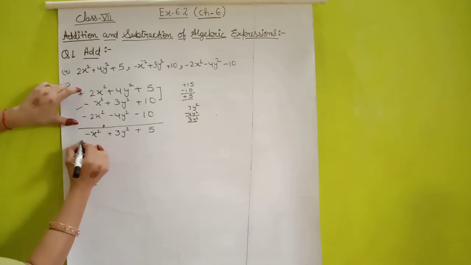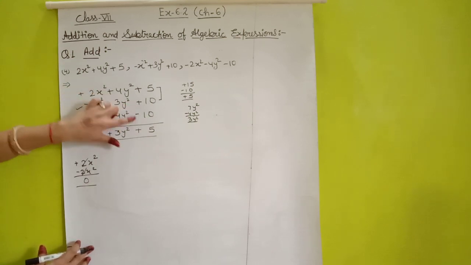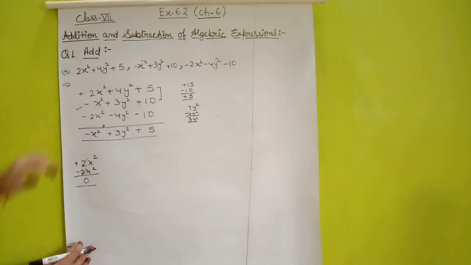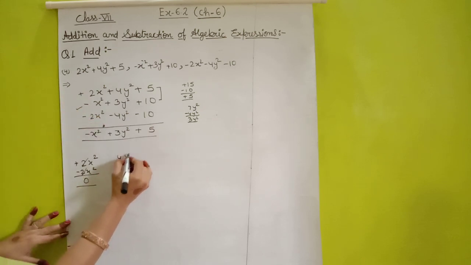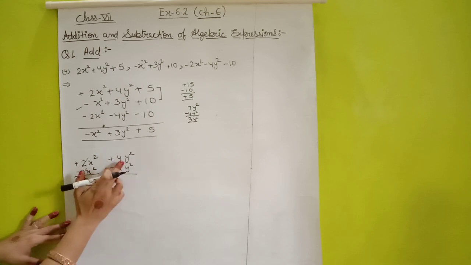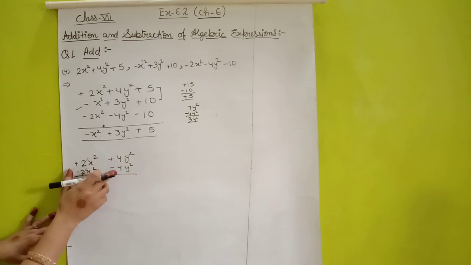Minus x square only. Here also this plus 10 minus 10 you can cancel. Here also plus 4y square minus 4y square you can cancel. Because students, 4y square positive and minus 4y square, both variable and powers are same. Coefficient also same.